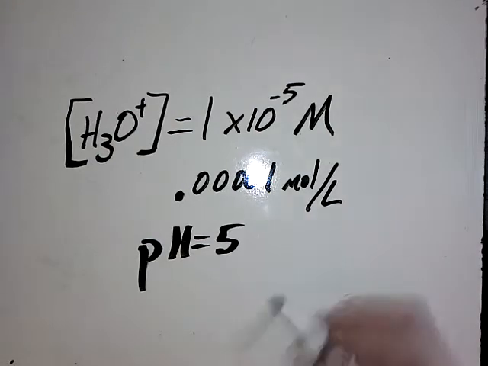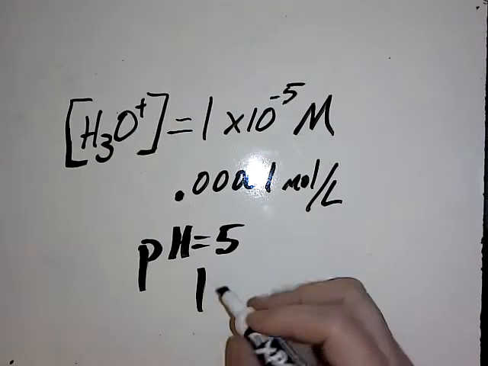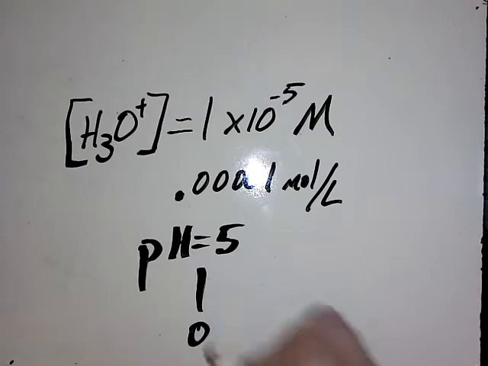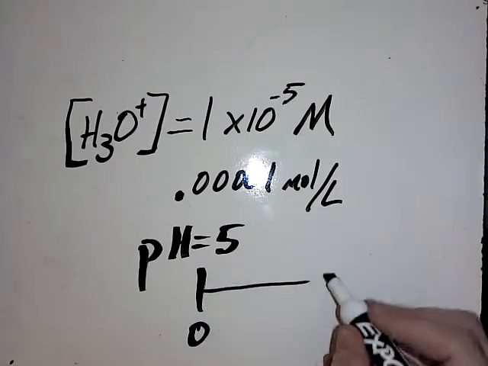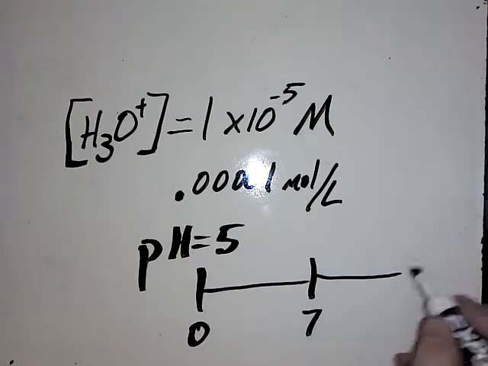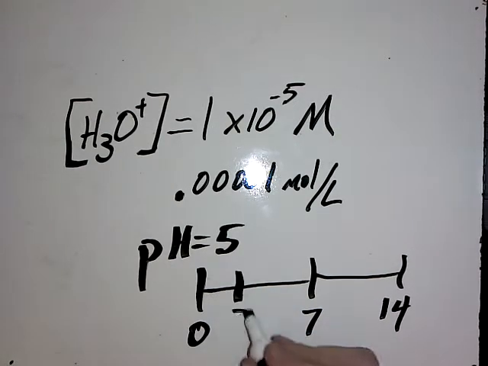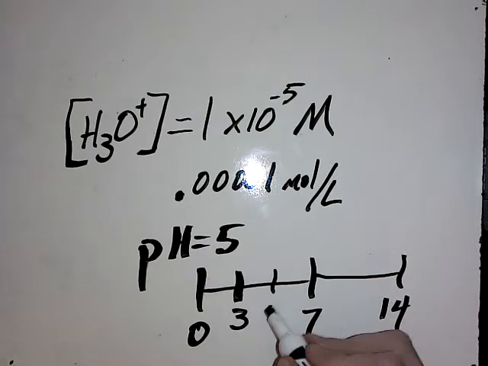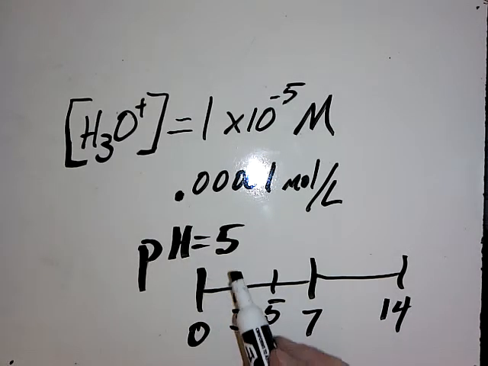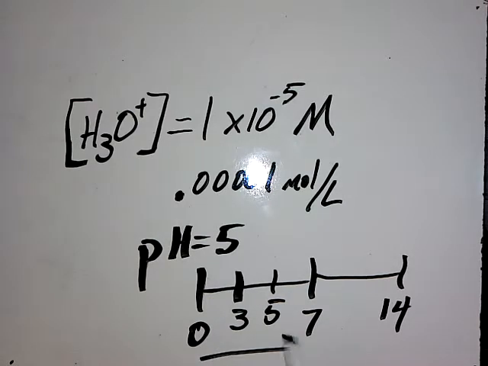Now, if you remember back to our pH scale, it runs from 0 to 7 to 14. Well, the first one we looked at had a pH of 3. This has a pH of 5. You can see that this one is less acidic because it is farther from the 0 end of the scale.